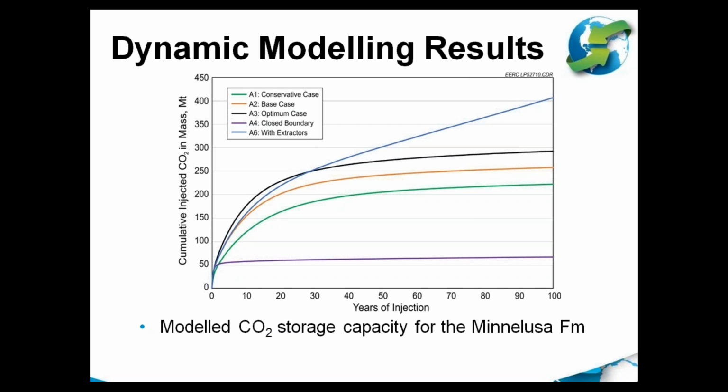Contrast that with the lowest line that you see there, which I think is purple. That assumes a closed boundary, and you'll notice there is a big contrast in the amount of CO2 that can be stored in the system. And then, taking the other extreme, if you include extraction, certainly after 50 years, capacity increases quite substantially.